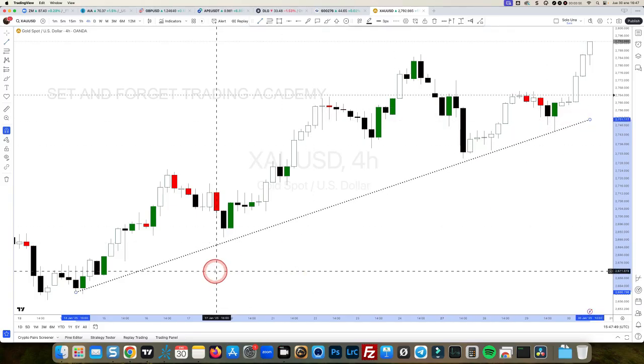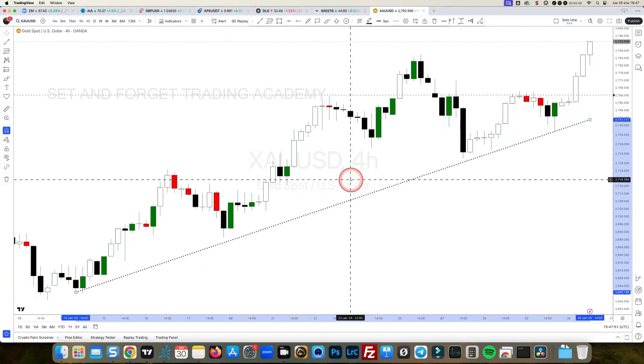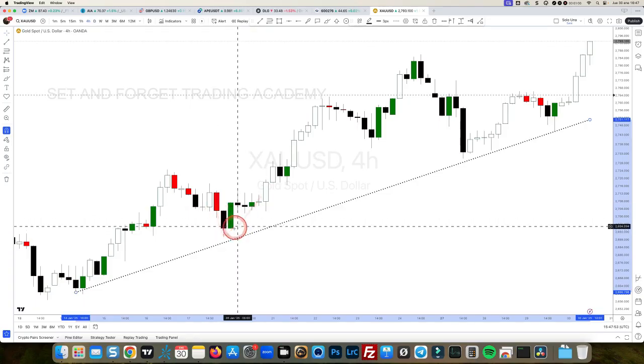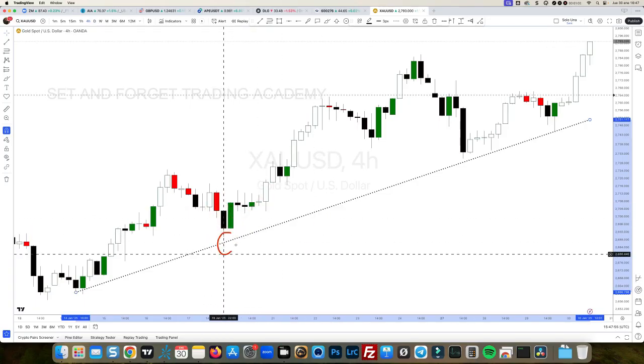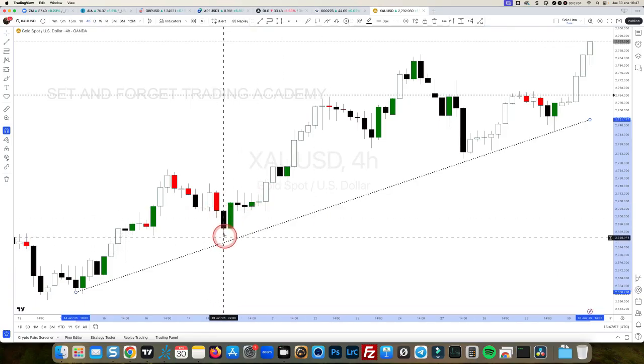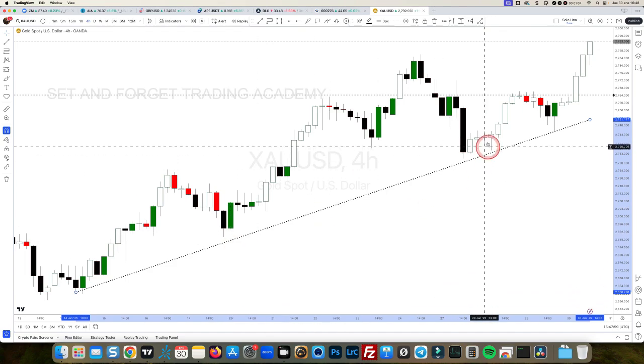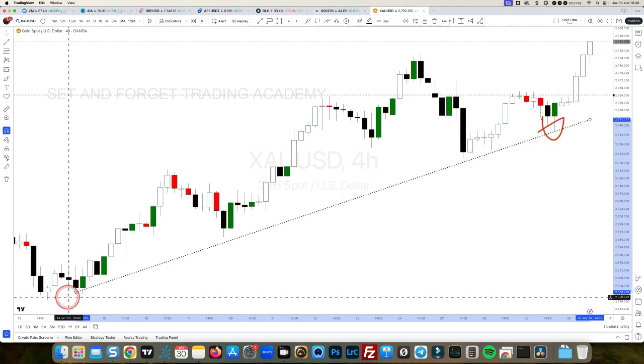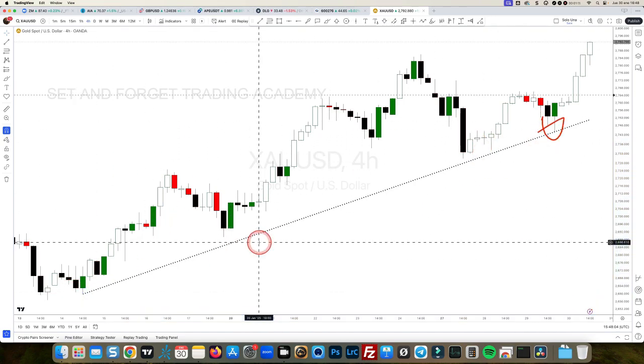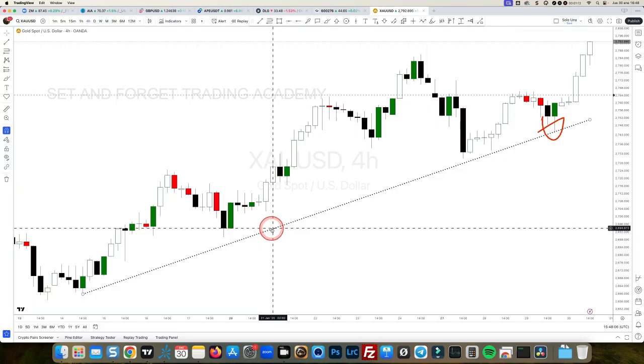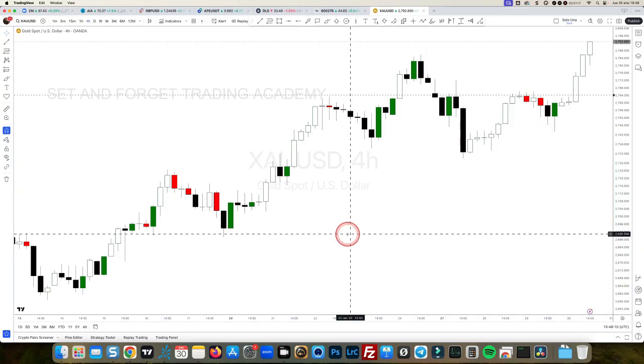Which looks okay, but what about this? It's not touching the trend line or anything. Or this one over here, this one yes, this one yes, okay? So it's even more rare trend lines, okay?